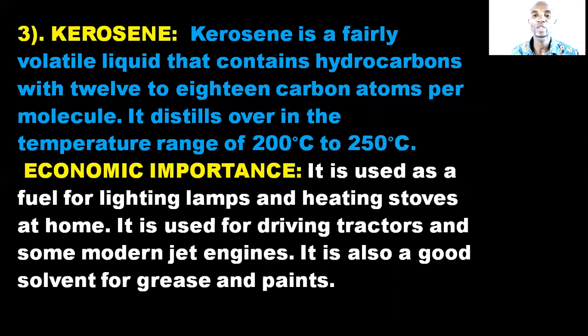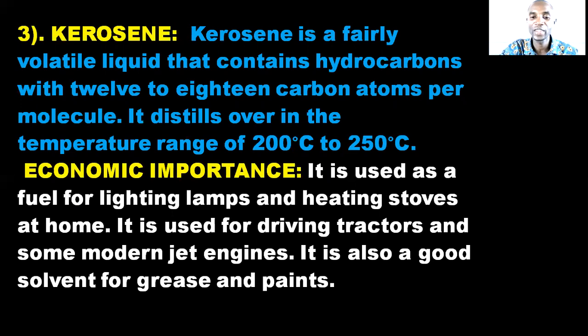That is number 2. Number 3 is kerosene, one of the fractions, and kerosene is a faintly volatile liquid. Faintly means not very volatile. It contains hydrocarbons with 12 to 18 carbon atoms per molecule. It distills over in the temperature range of 200 degrees Celsius to 250 degrees Celsius. What is the economic importance of this?